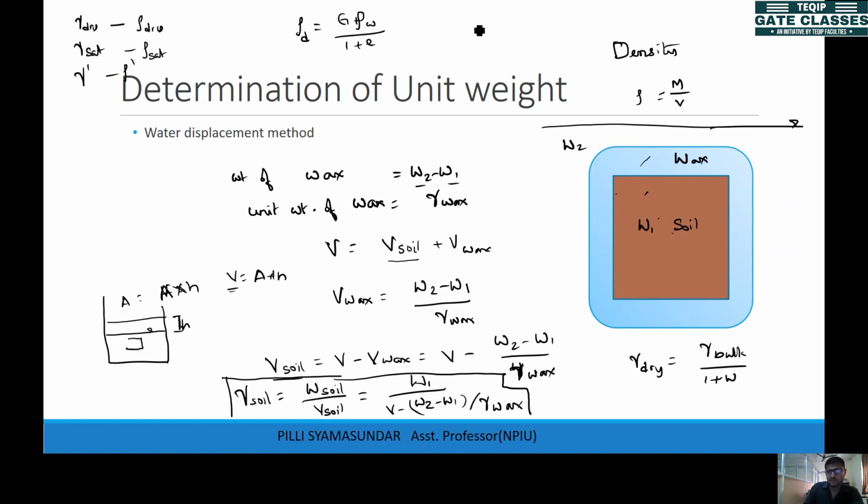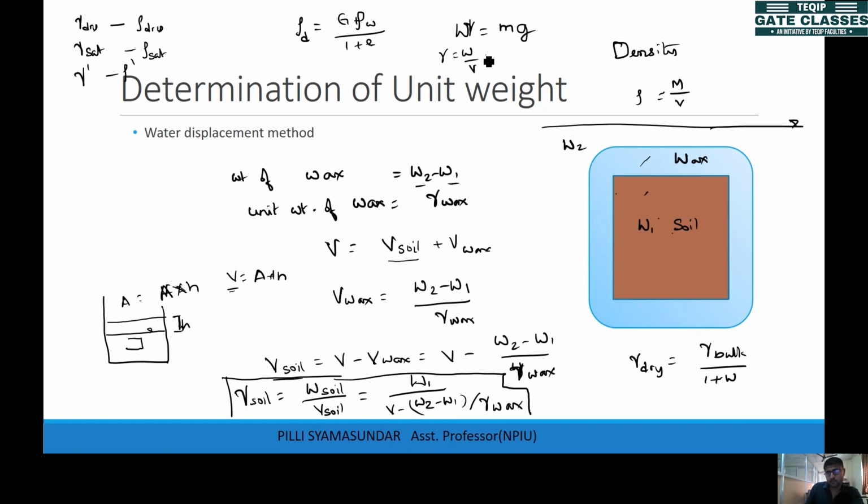Both are the same. The thing is, the unit weight is actually weight, right? So weight means mass times acceleration due to gravity. So unit weight is W by volume.